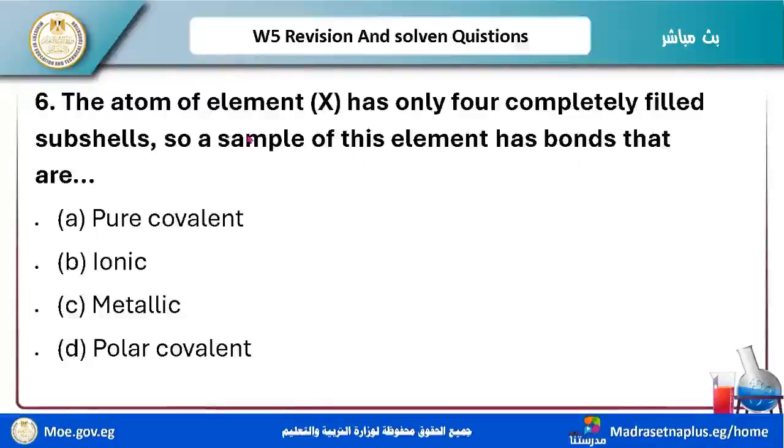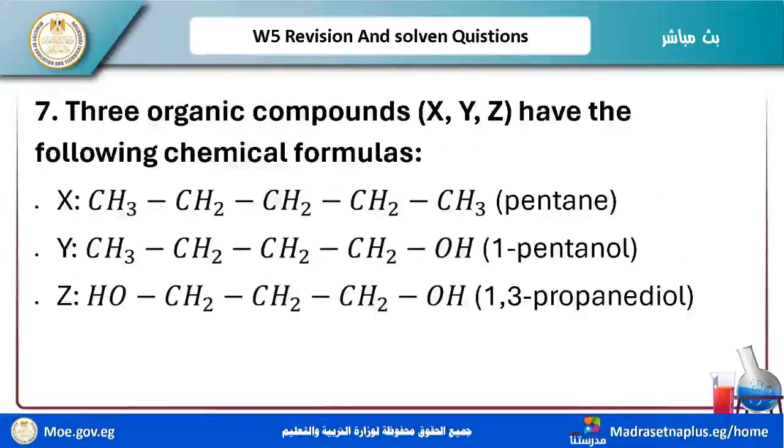I don't mean XCl2, where I know it is an ionic bond. The question here is about a sample of this element, a piece of this element, and this is a metallic bond.